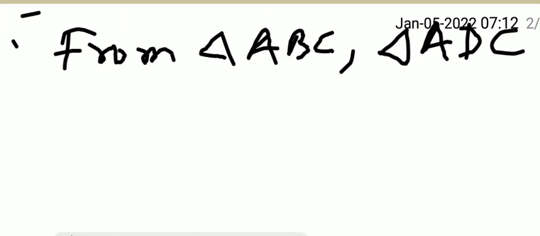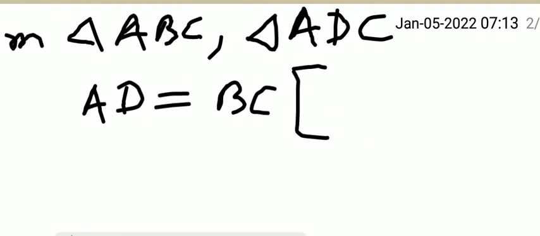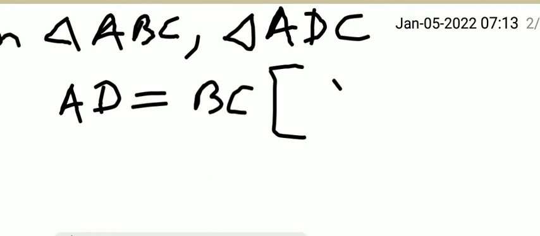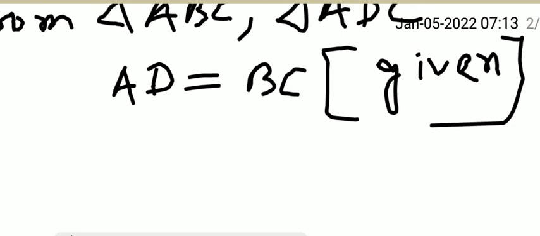So you write AD is equal to BC. This is already given, so you write given. You know very well that for congruence you have to show at least 3 conditions. So one condition is fulfilled.